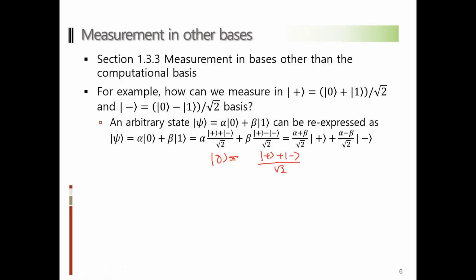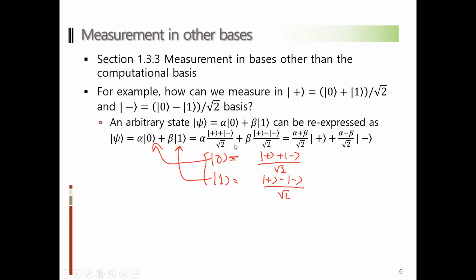And similarly, if you calculate the difference between the plus and minus states and divide by the square root of 2, you will obtain the one state. So this is the important relation between the 0 1 basis and the plus minus basis. And then you can just plug in this relation to each of them, and you will obtain this result.